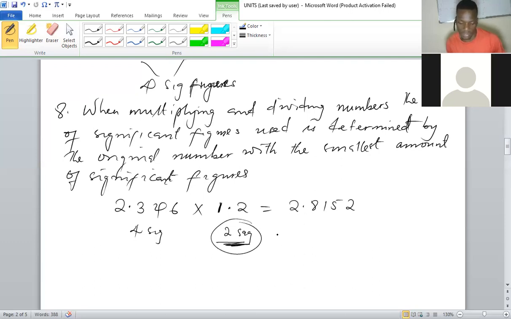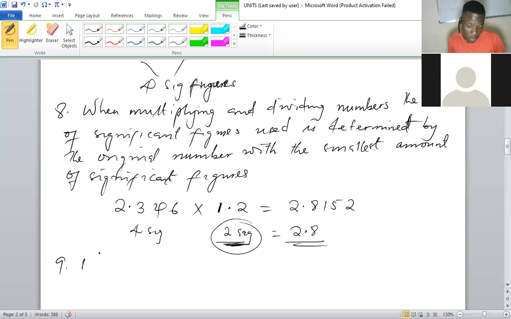So this answer is supposed to be 2.8, which has 2 significant figures. This is what you do when you are doing multiplication or division. And then the last one we look at is when adding or subtracting.